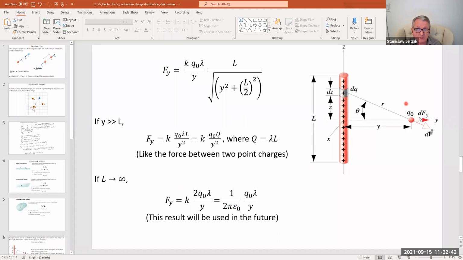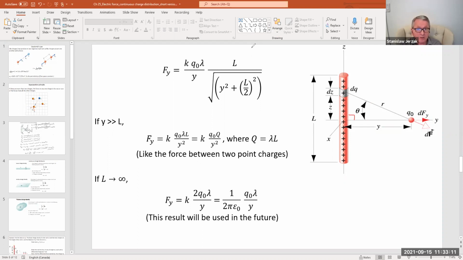The force in terms of direction is radially away from that line of charge. So this angle here is 90 degrees. This is the radial direction. And the magnitude of the force is equal to 1/(2 pi epsilon naught) Q0 lambda divided by y, where y is the perpendicular distance from Q0 to that line of charge, and lambda is the linear charge density. So that was the result.